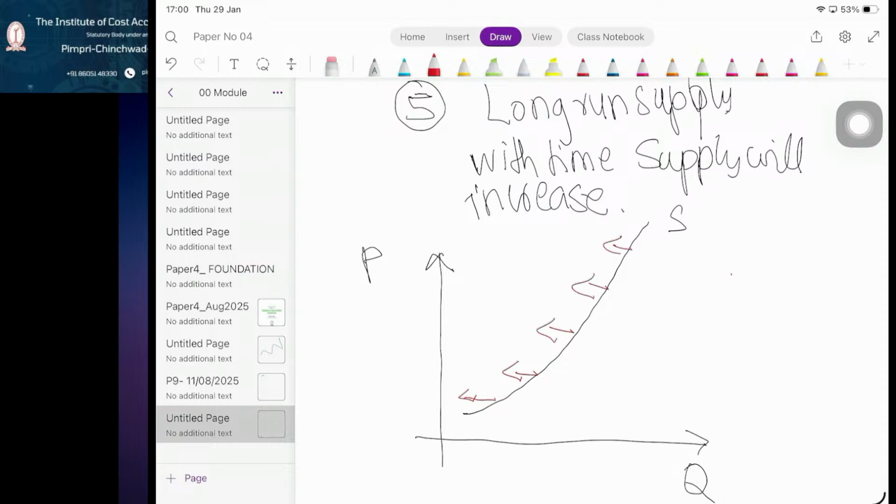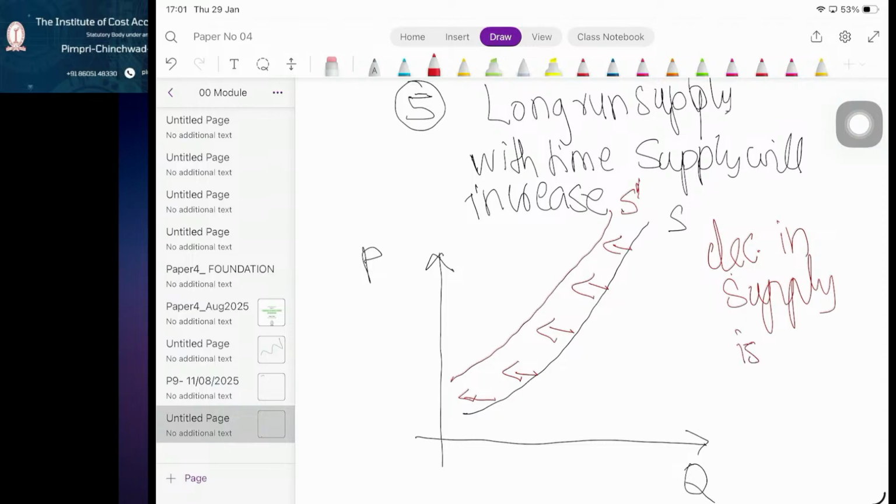At each price, the firm is willing to sell less. So this will cause a decrease in supply. Write this: decrease in supply is a left shift in the supply curve.